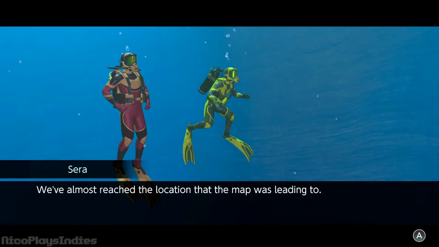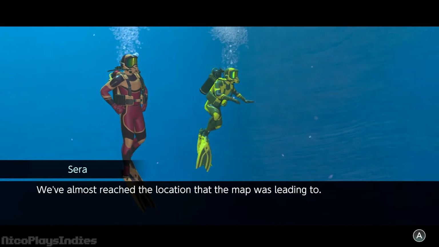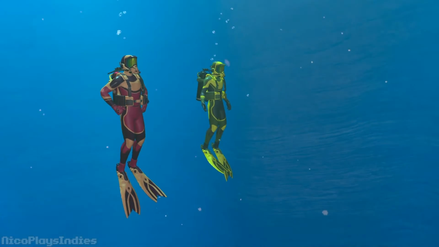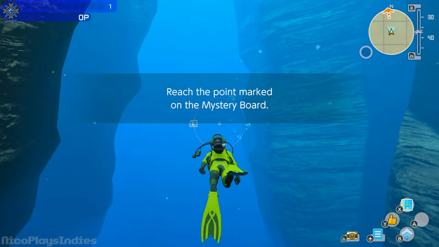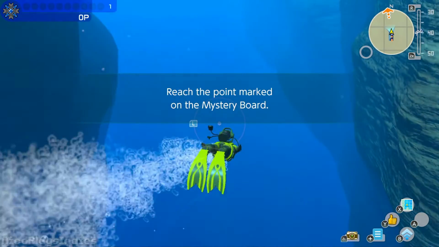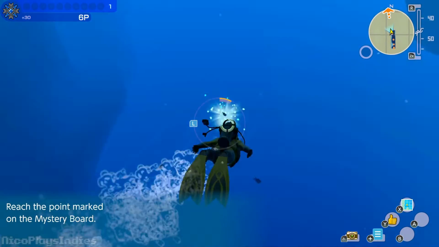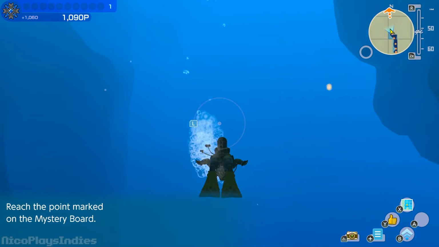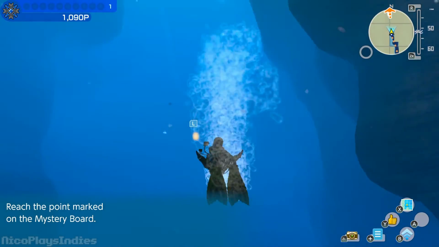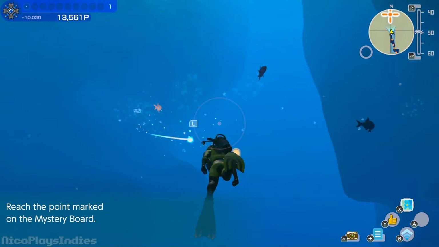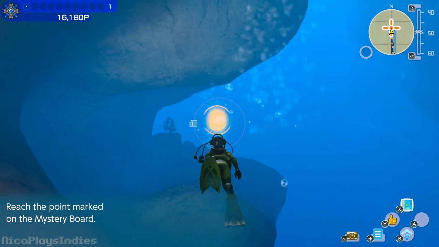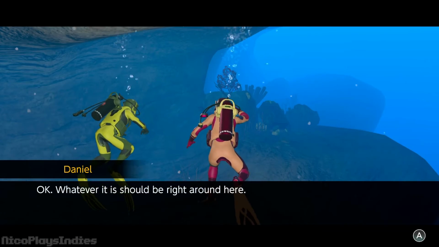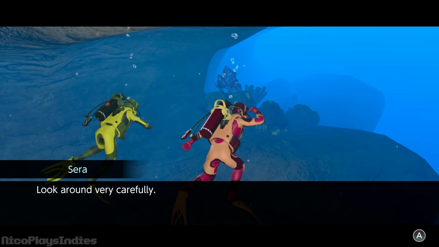We've almost reached the location that the map was leading to. Look around very carefully.